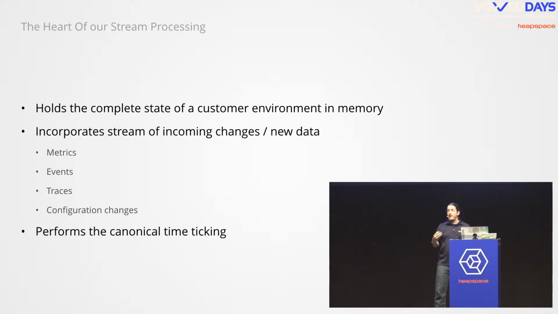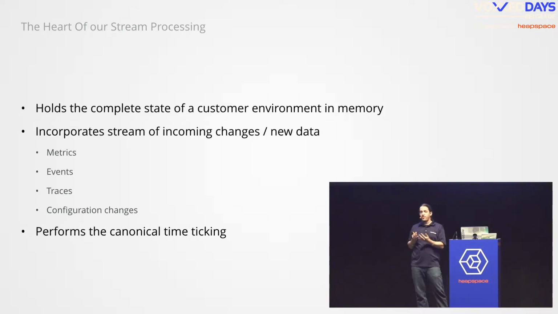It holds the complete state in memory. So whatever you have seen on the map is in memory in that component. It has a complete continuous understanding of what components are running, how many CPUs are on that server, how many servers are on there, are those servers in the same zone, what Elasticsearch cluster is set up, and so on.